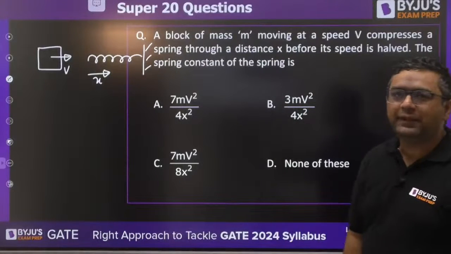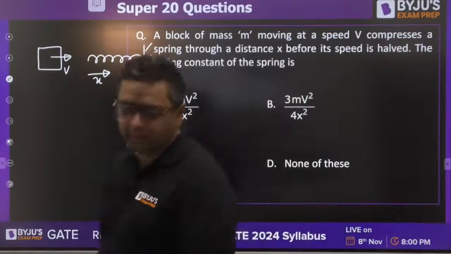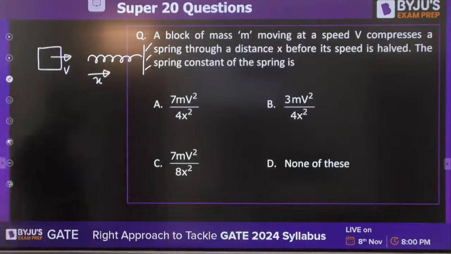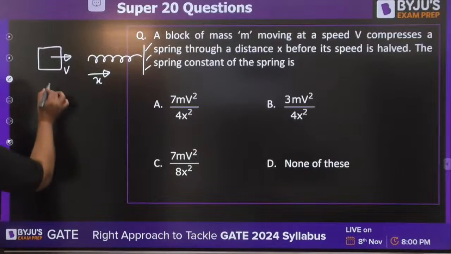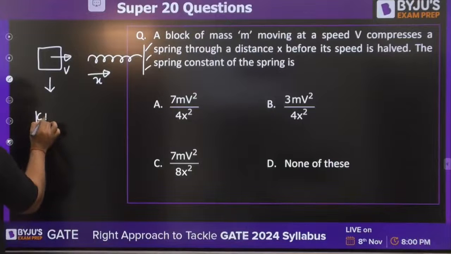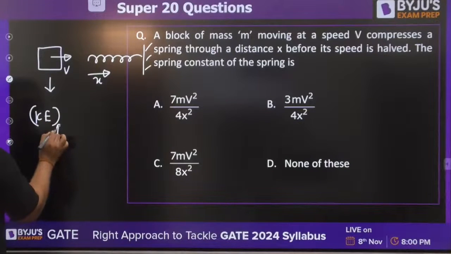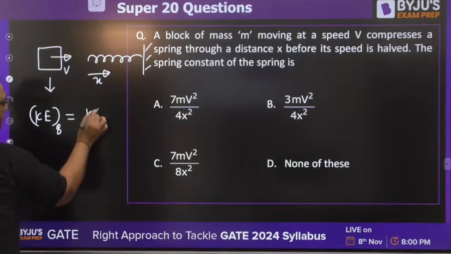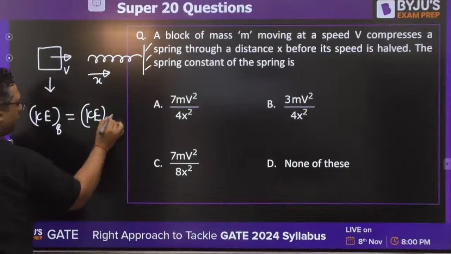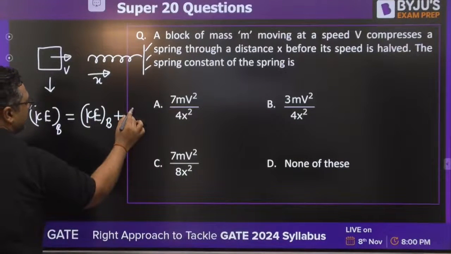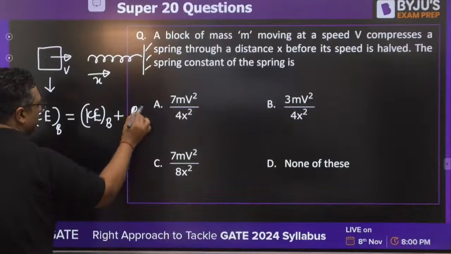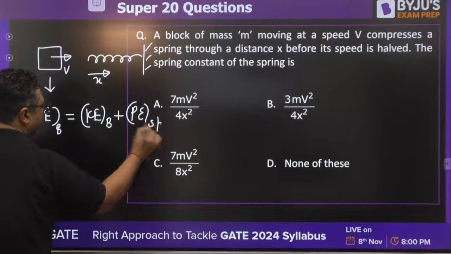Okay, some are saying B, some are saying C. Let us see that. So you can write, initially kinetic energy of the block is equal to kinetic energy of the block plus potential energy of the spring.